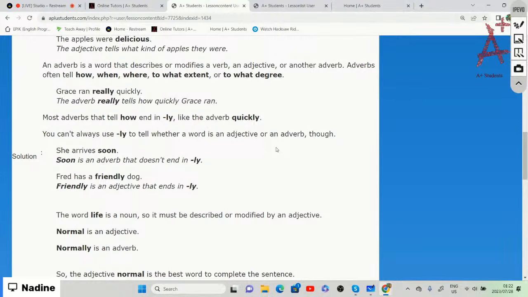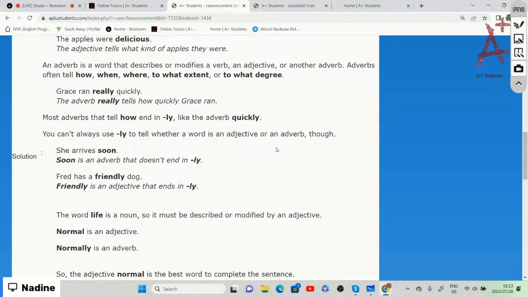So basically, life is a noun. So if life is a noun, then we need to choose an adjective, because an adjective describes or modifies a noun, right?